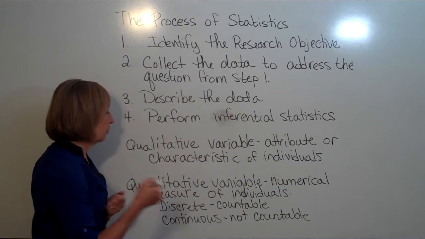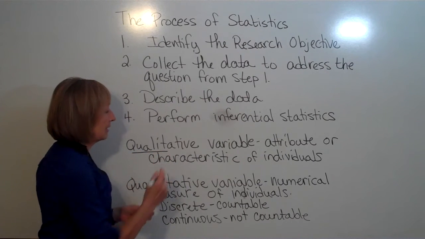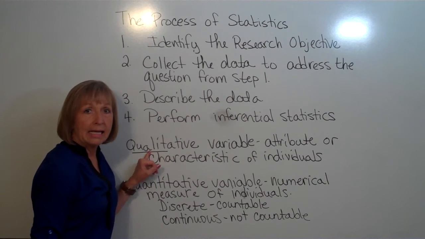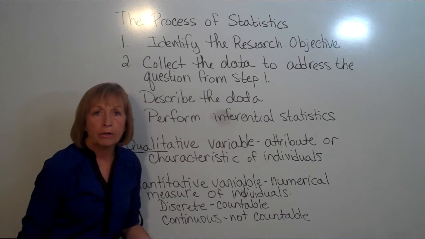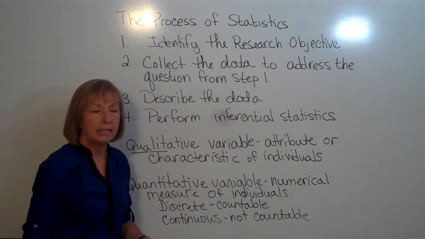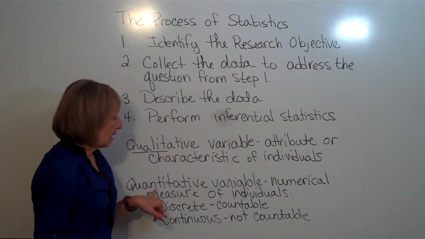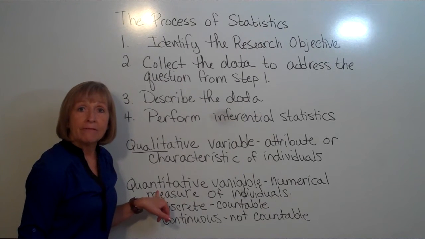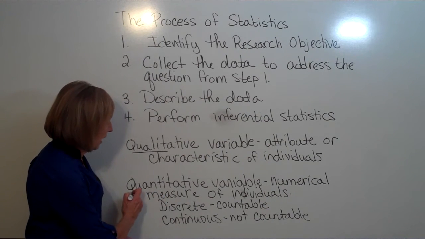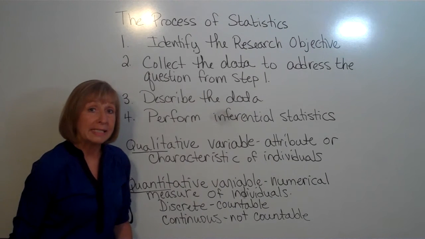You can look at the root words of it: qualitative, quality, an attribute of it, whether a car is blue or white or silver or any of those sorts of things. Other types of data that we could have is quantitative. You can think of this root word being your quantity.